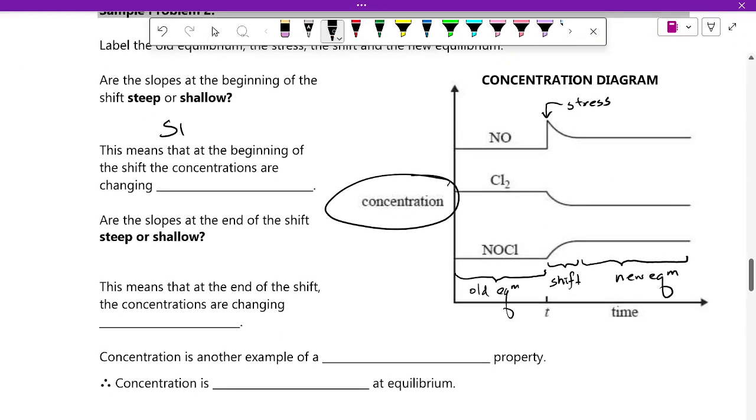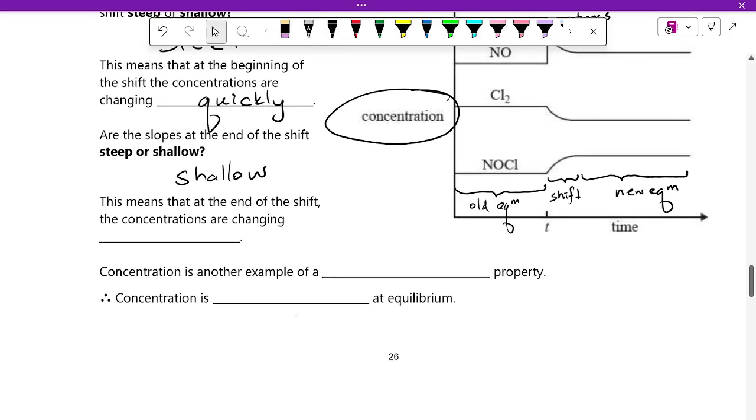So it's going to be steep. That means the concentrations are changing quickly. A steep slope is quick. And at the end, shallow. And that means the concentrations are changing slowly.